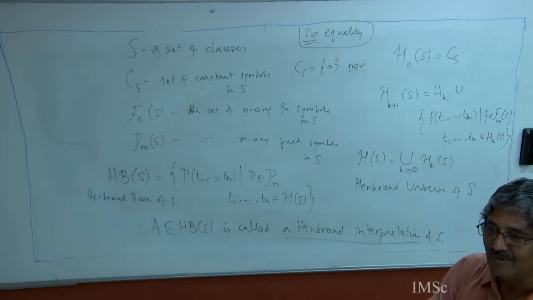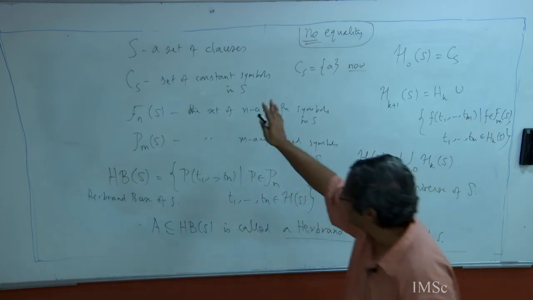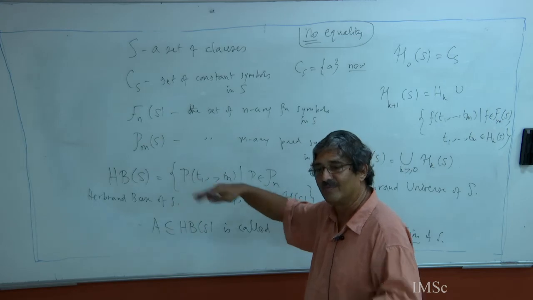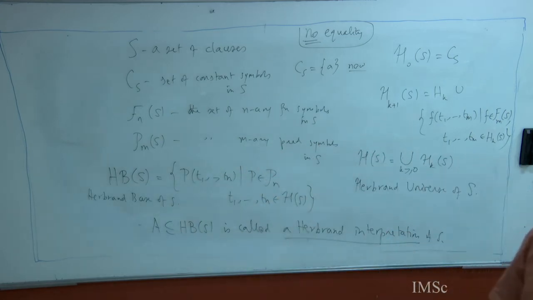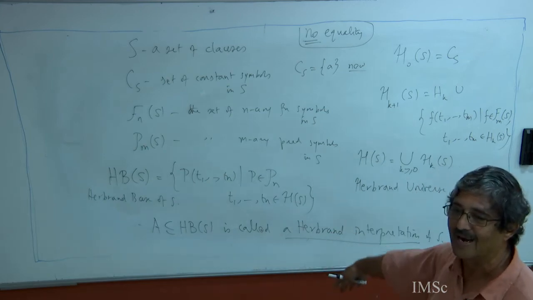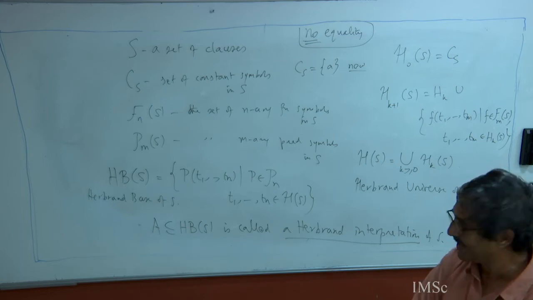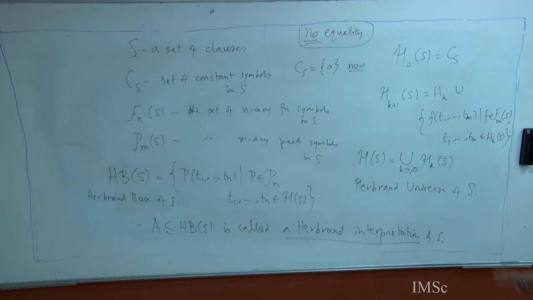If you have T1 equals T2 sitting there, you rewrite the entire formula: whenever you have T1, you can also put T2, with disjunctions. So you rewrite the formulas getting rid of equality. It's a bit of a mess, I don't want to deal with it. You can think about how you will handle equality when you reduce everything into clausal form. But for today's discussion, let's assume that the language has no equality.